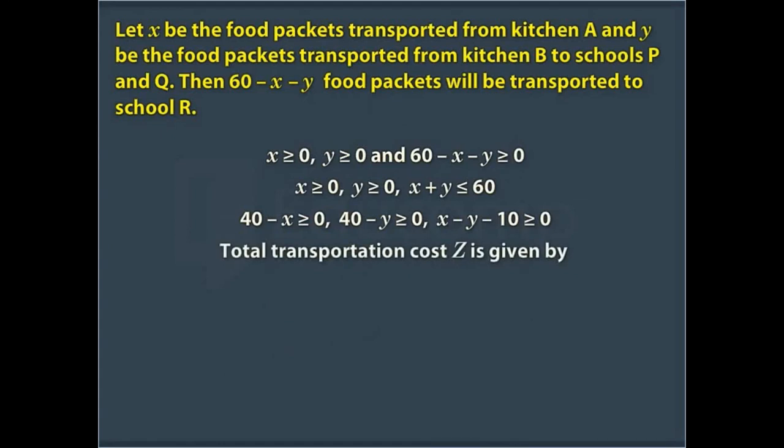Total transportation cost Z is given by Z = 5X + 4Y + 4(40 - X) + 2(40 - Y). This results in Z = 3X + 4Y + 270.